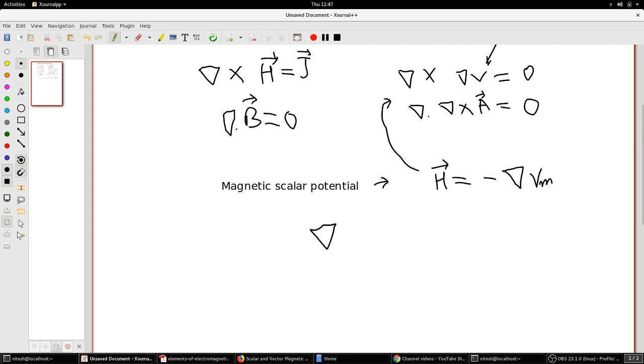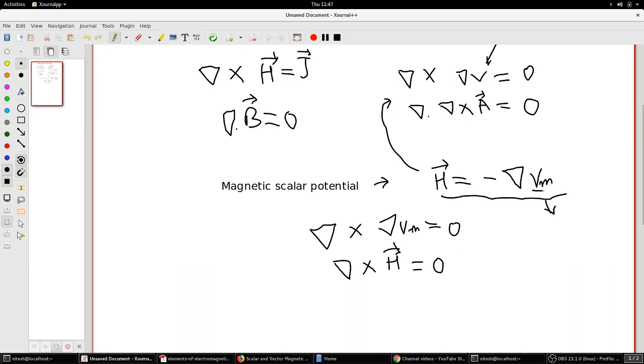I know that the curl of a gradient is 0, right? If I use the vector identity, I get del cross del Vm is equal to 0, which will be true. So what it also means is del cross H is equal to 0, right?